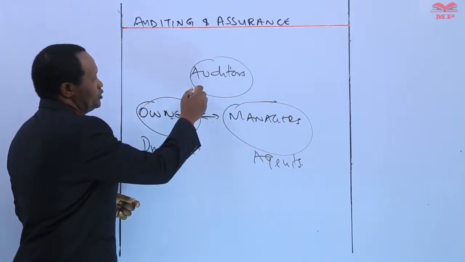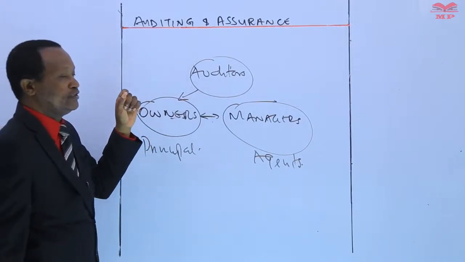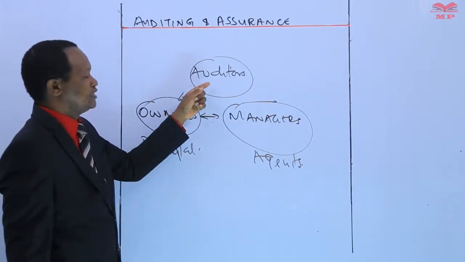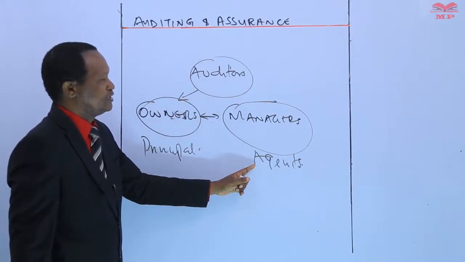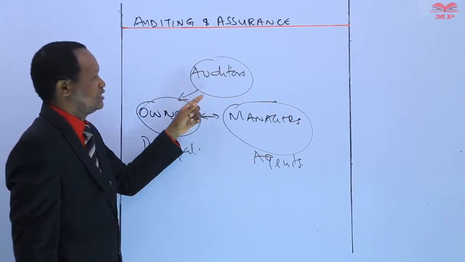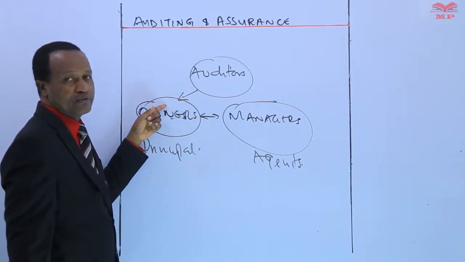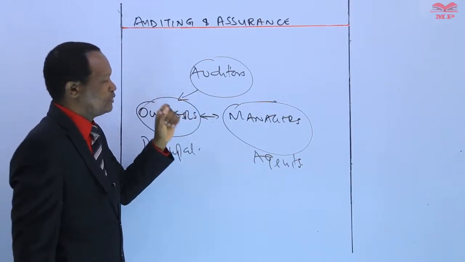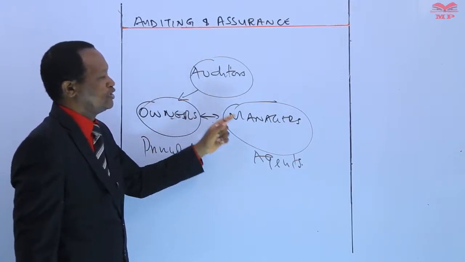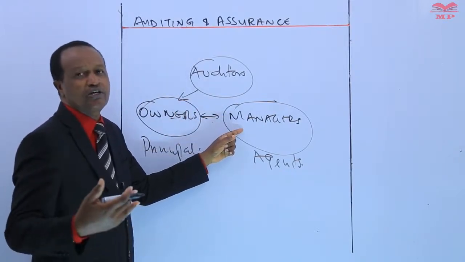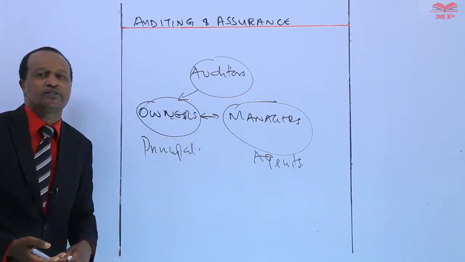Then reports to the owners in form of a report. The auditors, upon examination of the financial statements and records and information, submit a report to the owners in which they give an opinion on the fairness and accuracy of the financial statements.